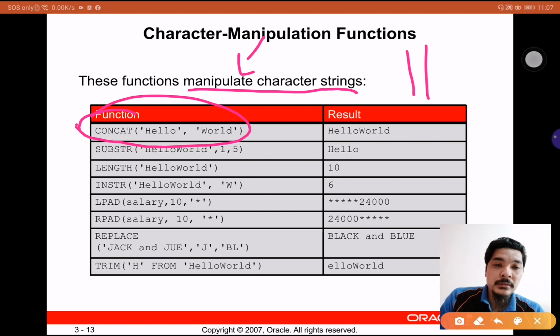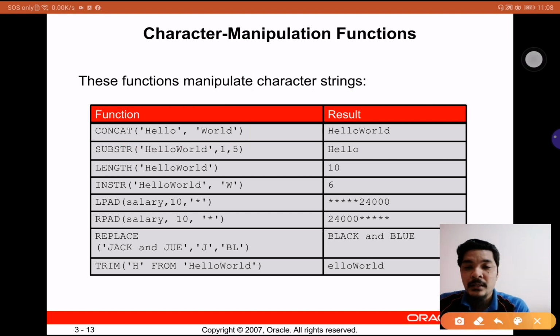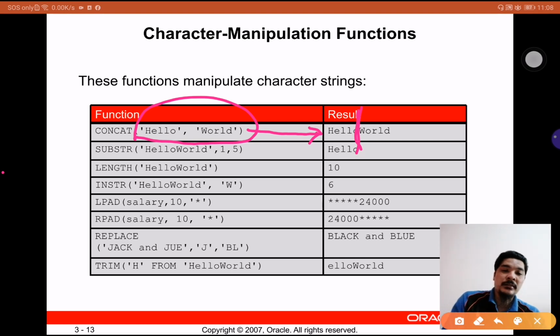So this function joins two different words or strings, or maybe characters. If we use concatenation here with hello and world, it will join the string hello and the string world together.